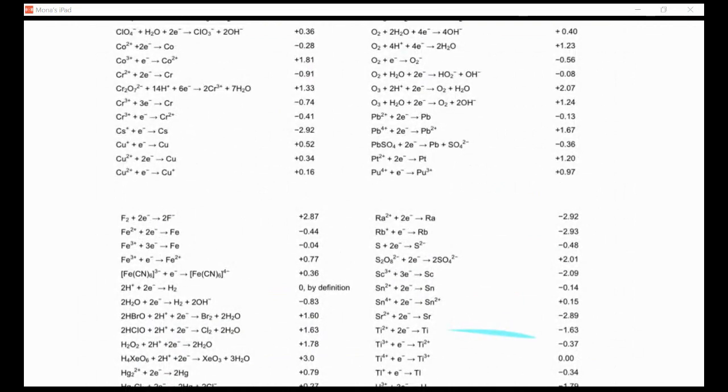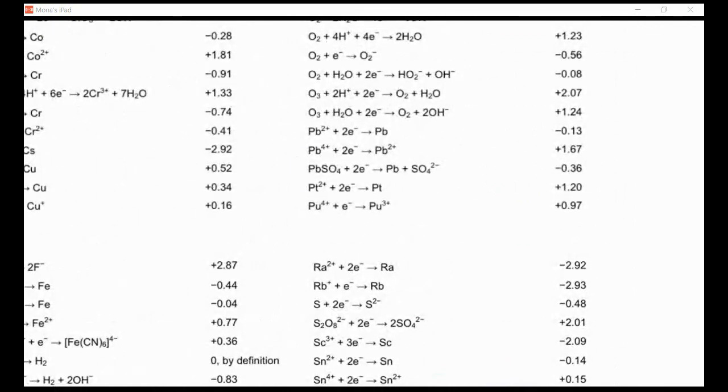See here, I have something here. PbSO4, and what? And Pb. So I have it. So this is there. If it's not there, then I will have to look for something else, right? This is what I have here, so I have to use it.